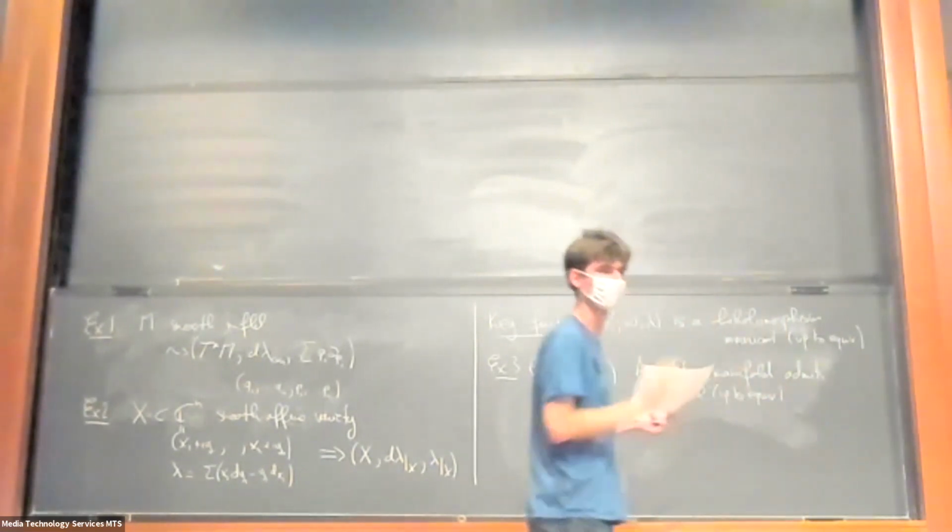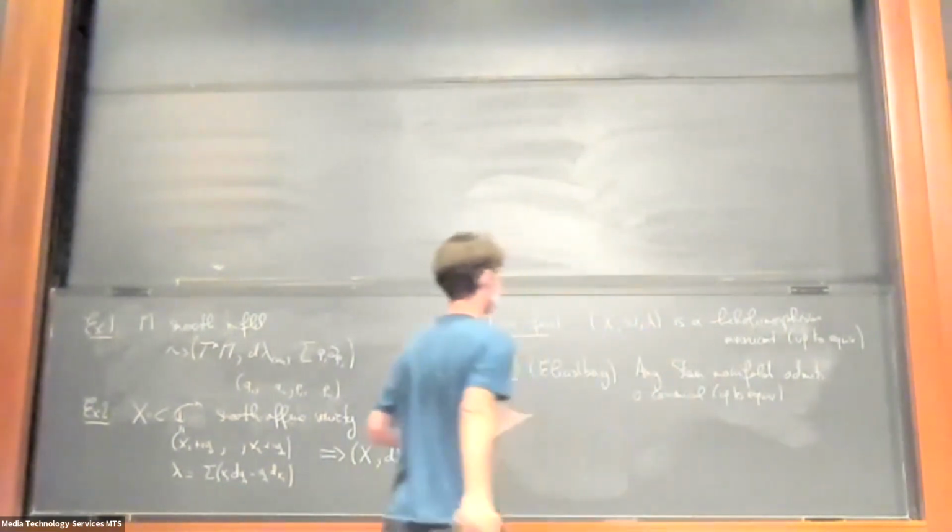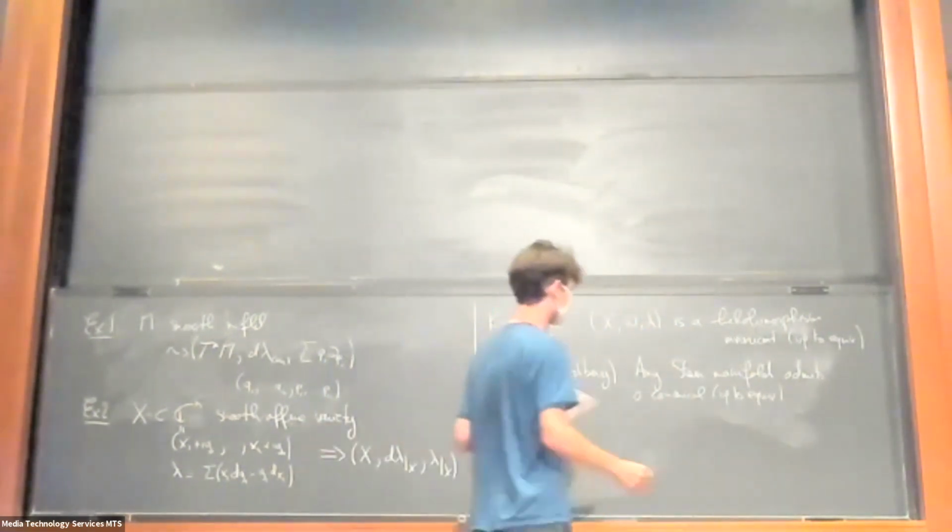Where the notion of equivalence is something I don't really want to get into, it's slightly complicated to say. Anyway, the theorem of Eliashberg is that any Stein manifold admits a canonical Liouville structure.